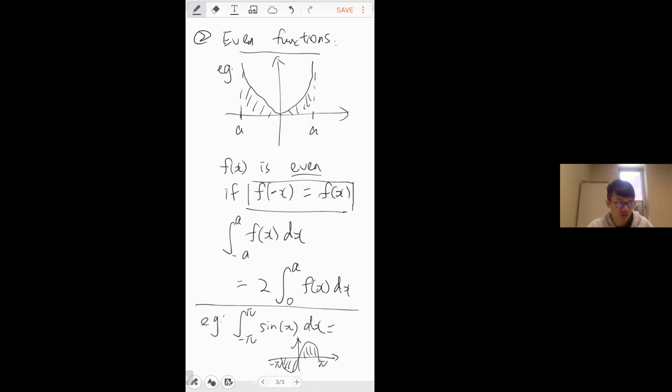Another way of saying odd function is that when you rotate the graph by 180 degrees, you get the same thing again. And that's obviously true for the function sine of x. So it's odd. And for odd functions, when you're taking the integral from negative something to something, it's always going to be 0 because the area above x is the same as the area below x. Questions? No? All right.